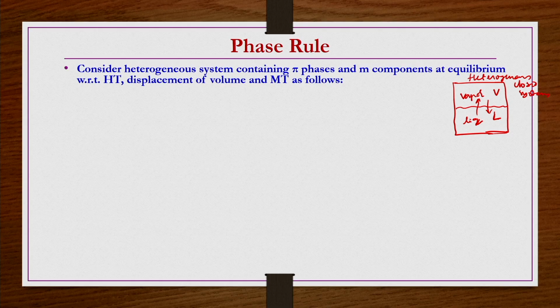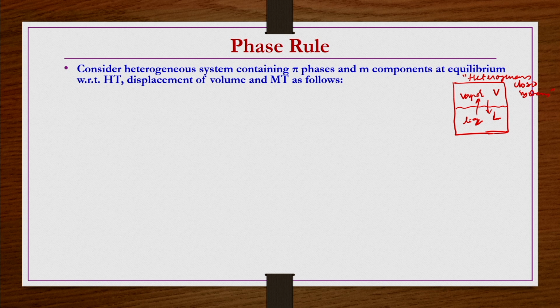As per the basic definition, the equilibrium problem or phase equilibrium is valid only for a closed system. So, we are taking a heterogeneous closed system, and within that heterogeneous closed system we have different homogeneous phases.